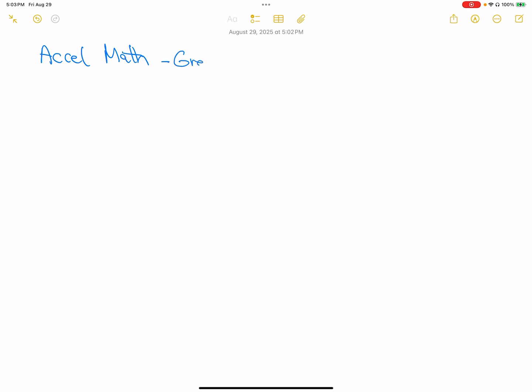Grade 6. So we are going to start with equations and expressions, basically getting ready for pre-algebra, which will fall into algebra eventually. So before we start with that, we are going to start with some basic terms.